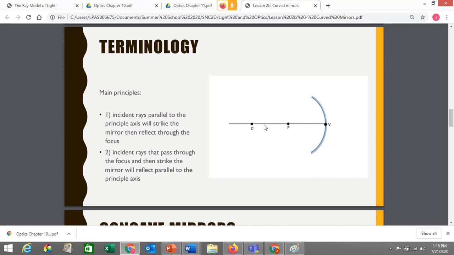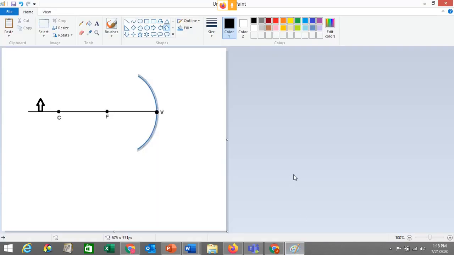I am actually going to be able to, I think, do an example in Paint for you because drawing these lines is a little simpler. So suppose I have an object here, and I want to see what kind of image this produces in the mirror. I'm going to keep those two principles in mind. So principle 1, a ray that is parallel to the principal axis.